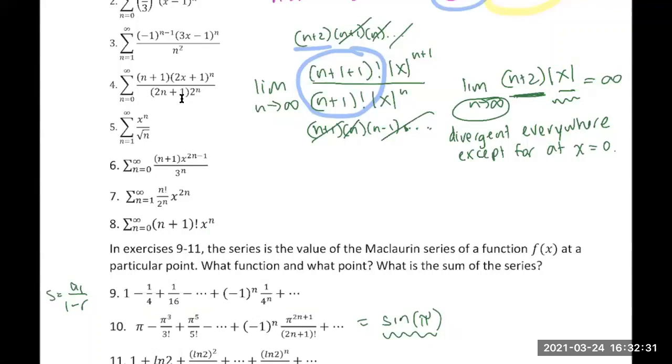And try it out. I know this was an example, but if you look at the Maclaurin series for sine, for cosine, and for e to the x, and you try to do the ratio test on the general term for e to the x, sine of x, or cosine of x, you'll get 0 as an answer because those have factorials in them. So double check that one if you want an example of what it looks like to converge for all real numbers.